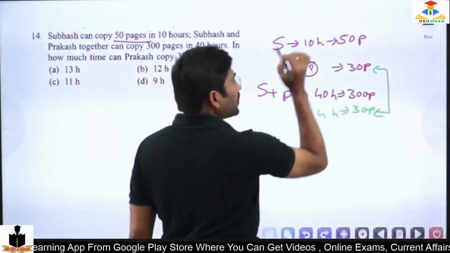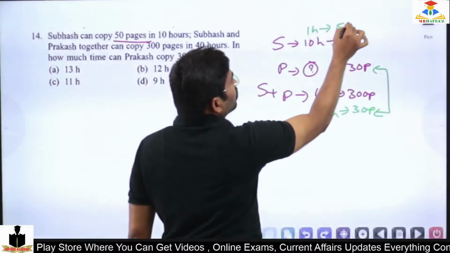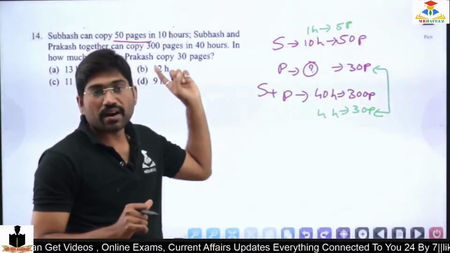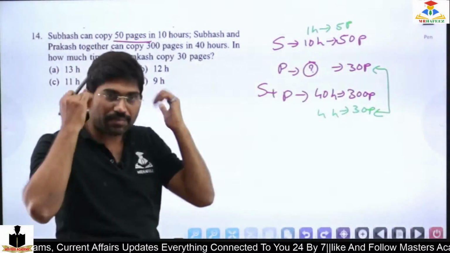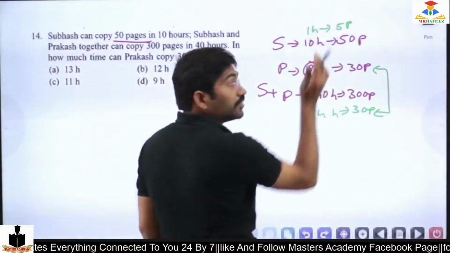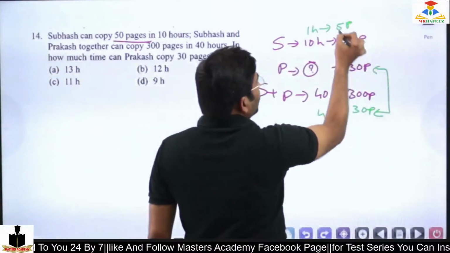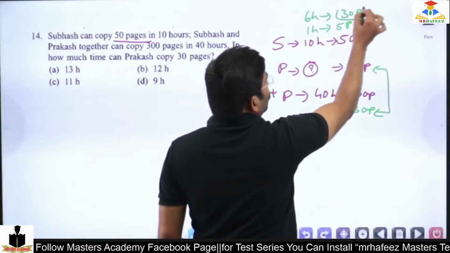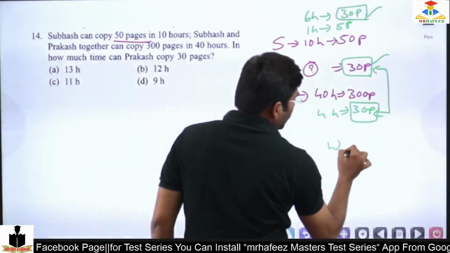To make the rest equal, I need to consider that in 1 hour Subhash can copy 5 pages, so that in 10 hours he copies 50 pages. Now to equate the 30 pages of work, 5 times 6 hours gives 30 pages. So now 30 pages and 30 pages, the work is equal.